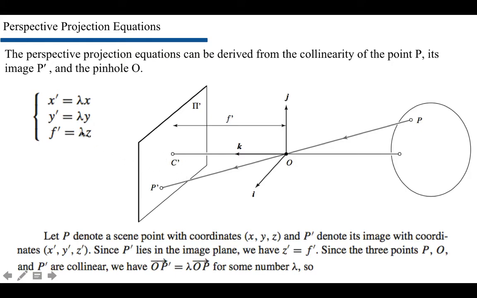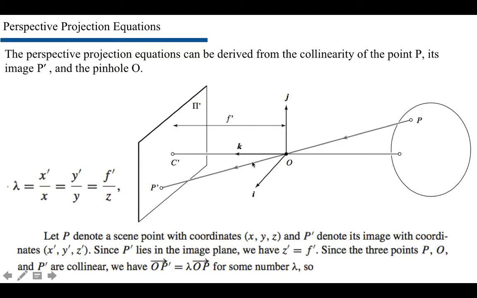And we can see that f prime, that is the focal distance, which is also z prime, will be exactly lambda times the z in the coordinate system for the point P. So from this relation we can solve for lambda, and we have three possibilities. It's equal to x prime divided by x, y prime divided by y, and f prime, or z prime, divided by z.